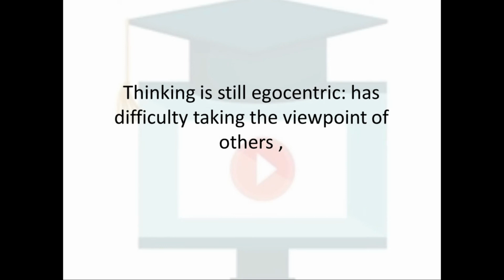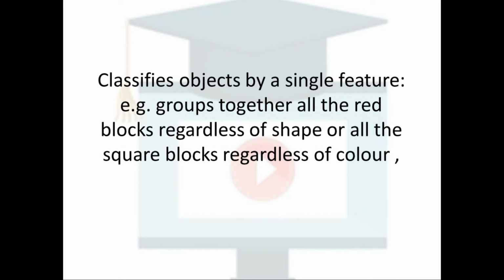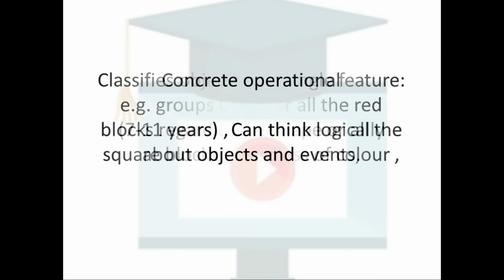Thinking is still egocentric, has difficulty taking the viewpoint of others, classifies objects by a single feature, e.g. groups together all the red blocks regardless of shape, or all the square blocks regardless of color.